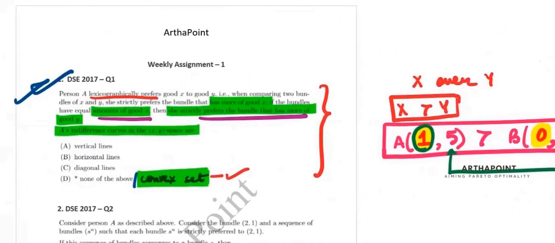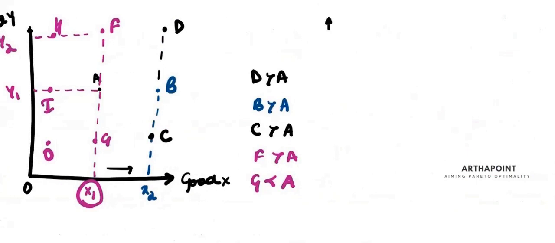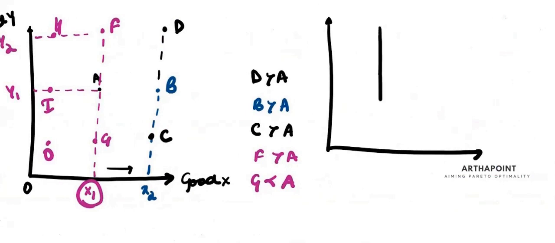Now, it says, should the indifference curve be a vertical line? By definition, indifference curves are those curves which represent the same level of utility. If I draw an indifference curve like this, IC1, and let's say I have another indifference curve here, IC2.